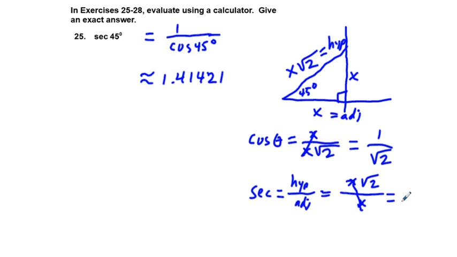So our answer is going to be square root of 2. The problem asks us to use a calculator, but you really have to break it down to the original schematic to figure out what it really is, unless you happen to know 1.41421 is a decimal approximation of square root of 2.